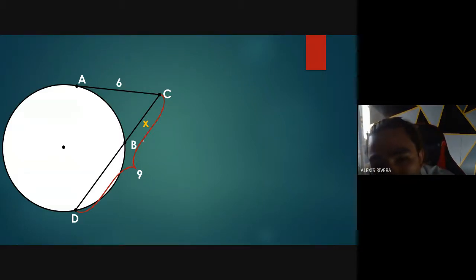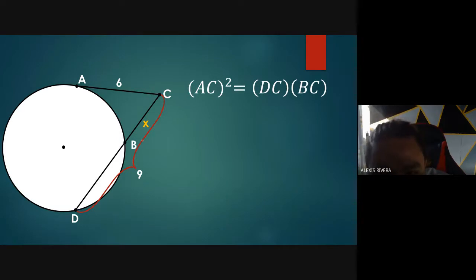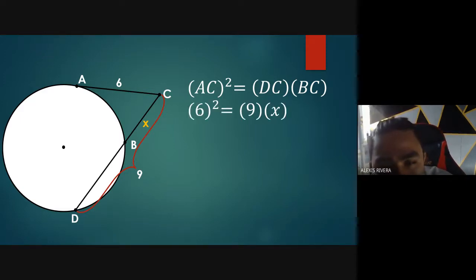is BC. Now, how will you find x. So we have here AC squared will be equal to DC times BC. Substitute, again, we have 6 squared equals 9 times x. So we have here 36 is equal to 9x.